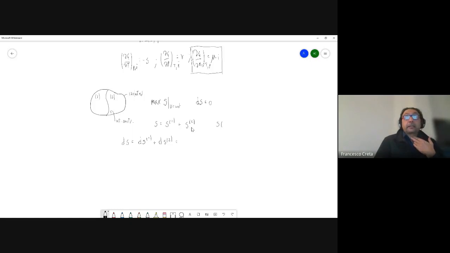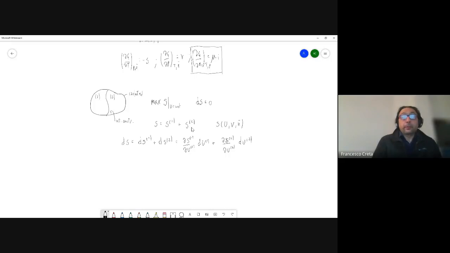Clearly, S is a function of U, V, and N, okay? So we can write it very simply as dS by dU, so we're only dealing with variations in internal energy, okay, for system 1, dU1, and this is the first term, dS1, and dS2 would simply be dS2 by dU2, okay?